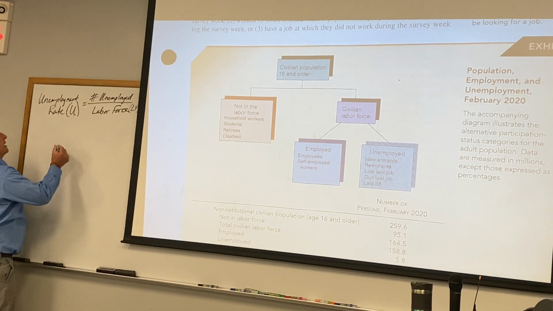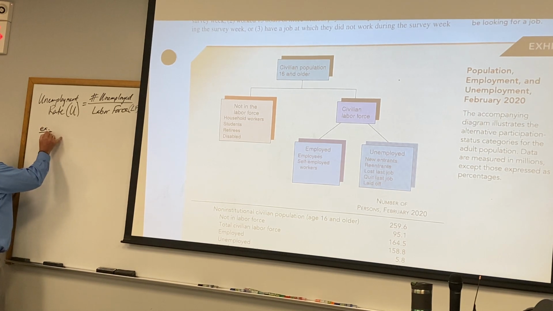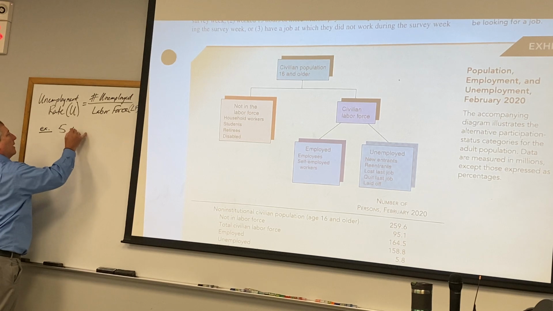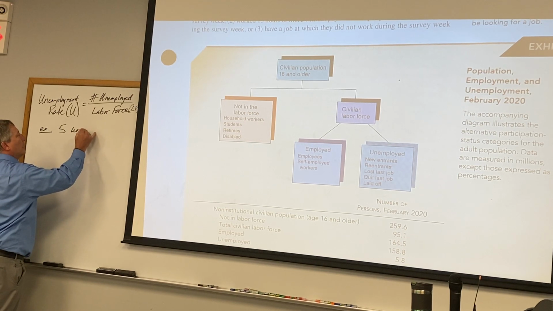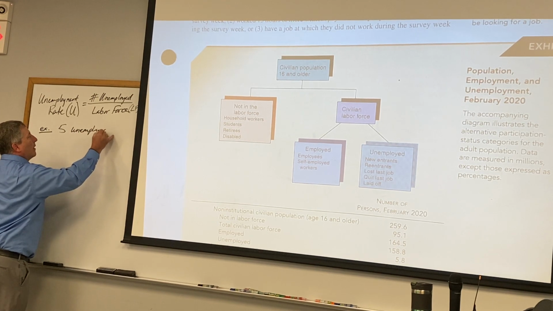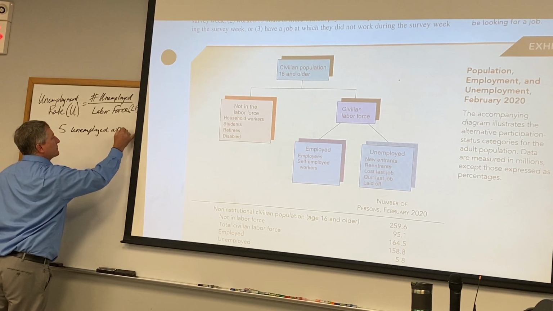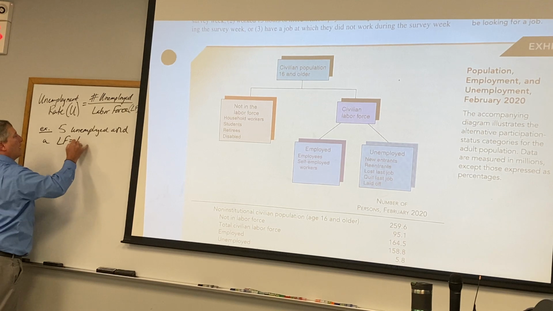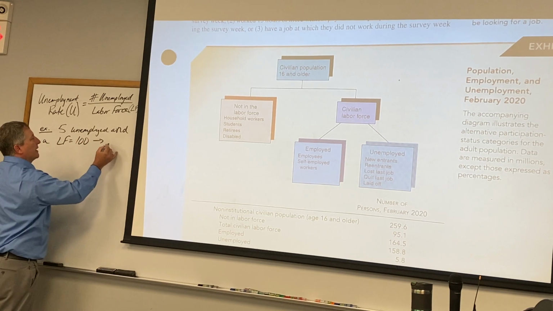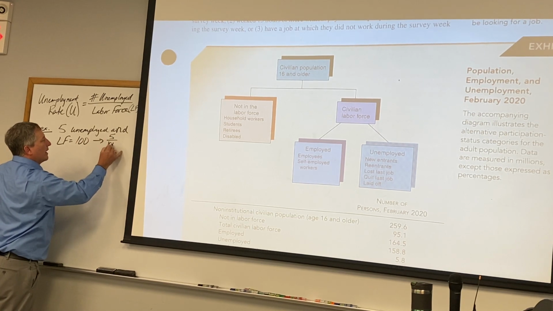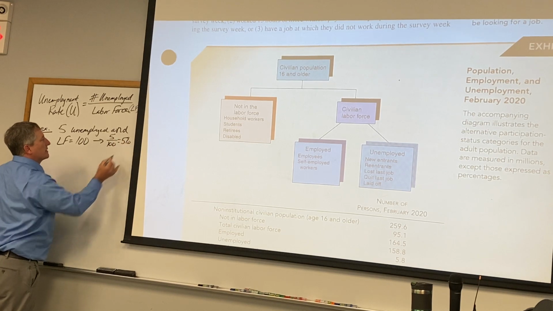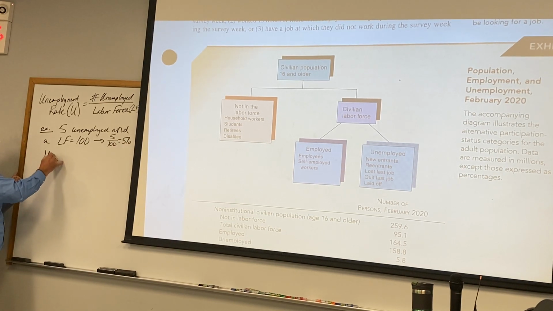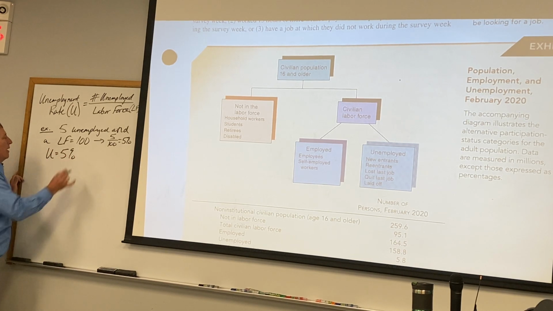So in your community, for example, if you have 5 unemployed and a labor force of 100, that would mean you've got 5 over 100 equals 5% unemployment. A 5% unemployment rate.